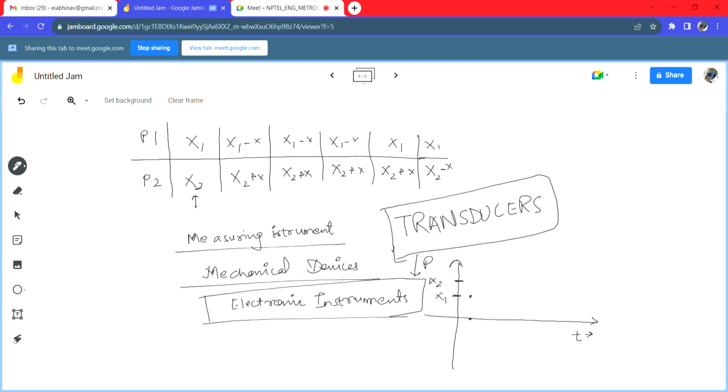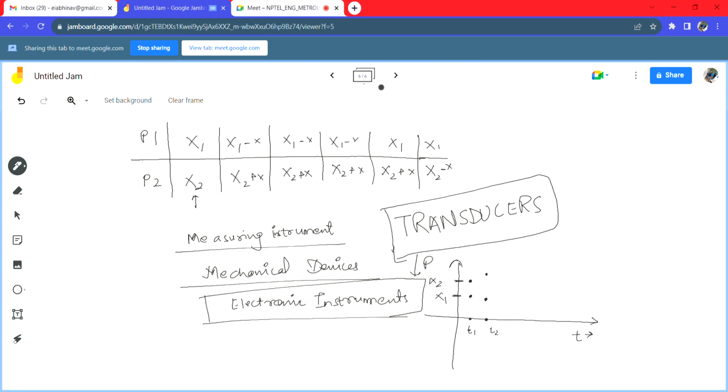So P1 exerted the value x1 and P2 exerted the value x2. At the next instance, say t equals t2, it exerted something x1 minus very small value x, and it exerted x2 plus something small value x.